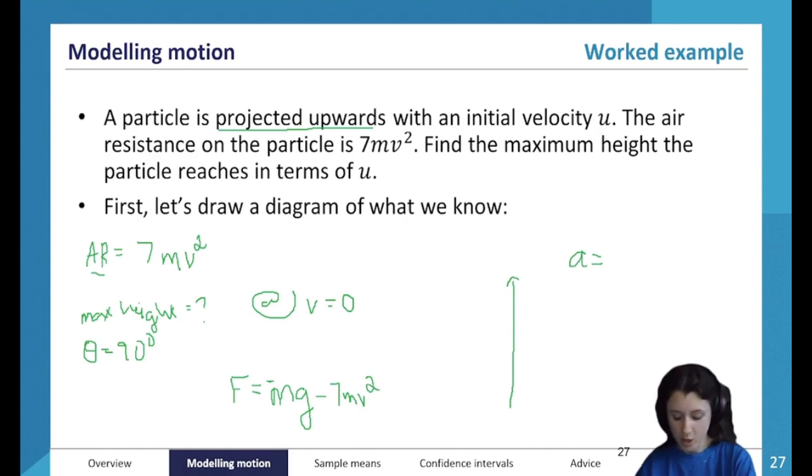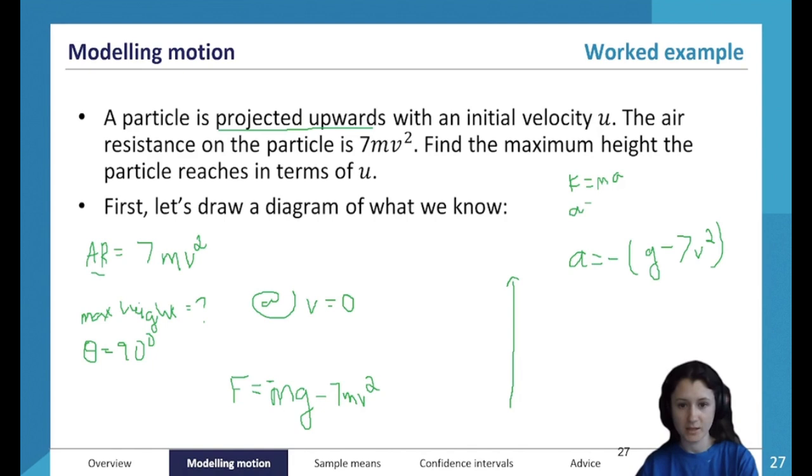Because we know that the acceleration is now going to be negative g take 7v squared. How do we know that? Think about it like this. F equals ma. Acceleration equals force divided by mass.